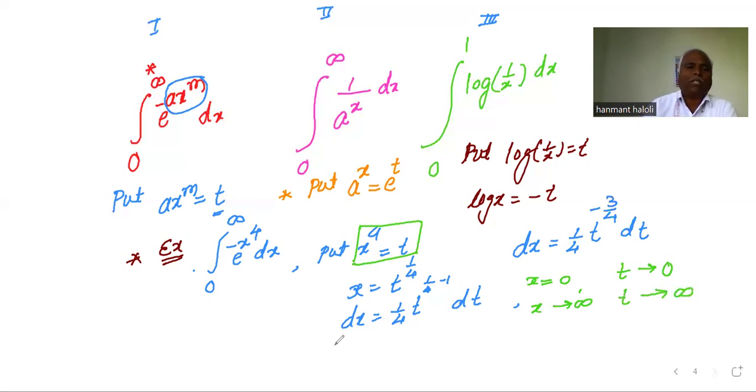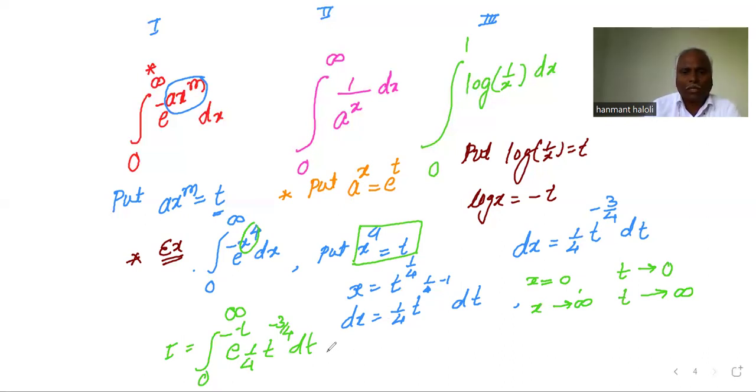Then the given integral I becomes the integral from 0 to infinity, no change in the limits, of e raised to minus t, since x raised to 4 equals t, and dx equals 1 by 4 t raised to minus 3 by 4 dt.